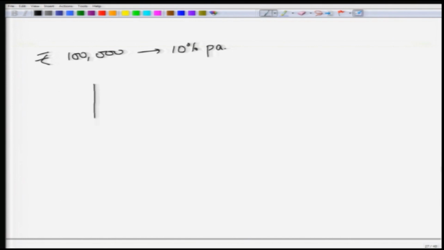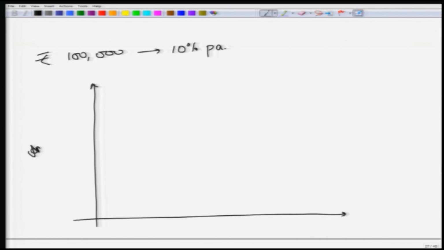Now, let us plot the amount that we have in the bank versus the year. Now, in the 0th year, you deposited 100,000 rupees. Now, after 1 year, the amount plus the interest.